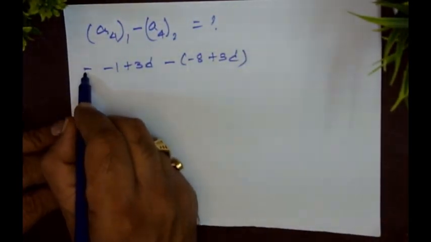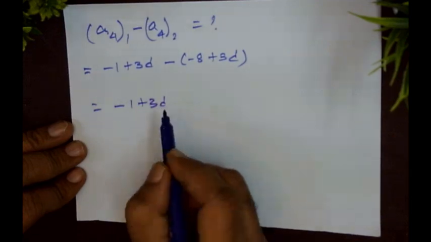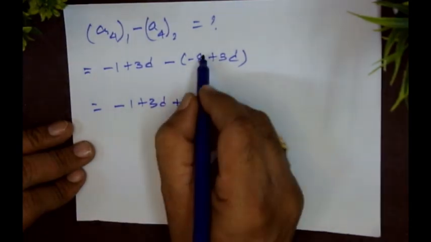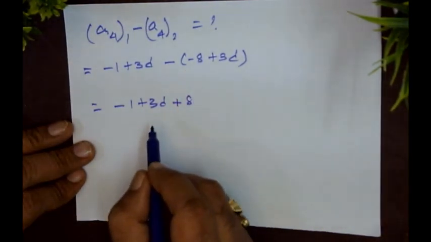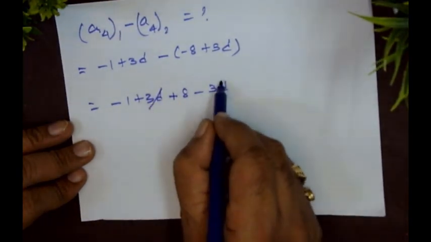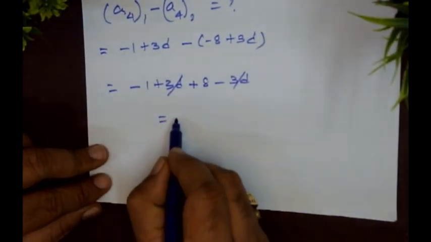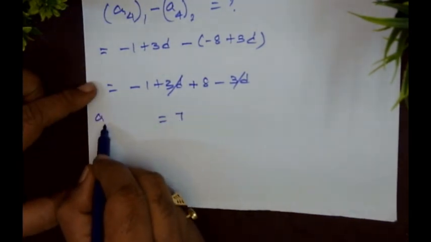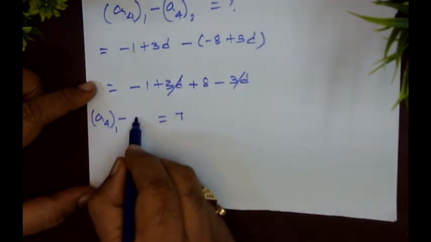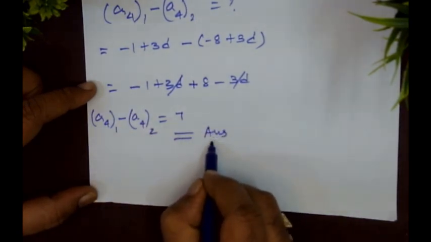That is equal to minus 1 plus 3d, and minus of minus is plus, so 8 and minus 3d. So plus 3d minus 3d cancel, so minus 1 plus 8 is equal to 7. So the fourth term of AP1 minus the fourth term of AP2 is 7. This is the answer.